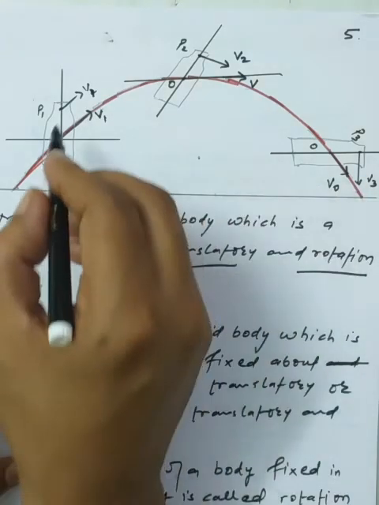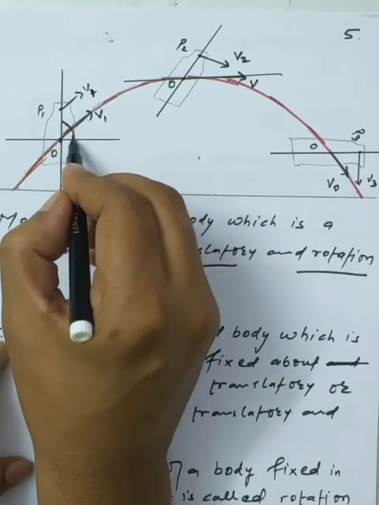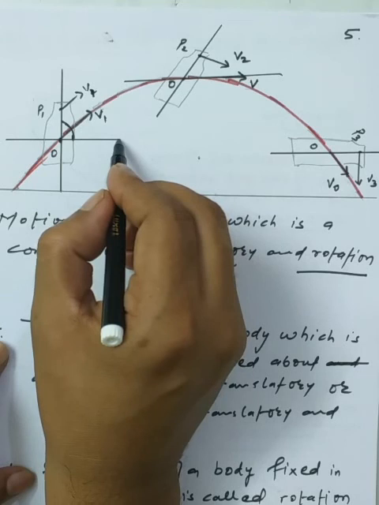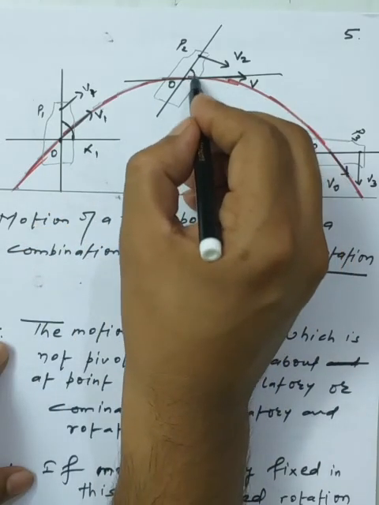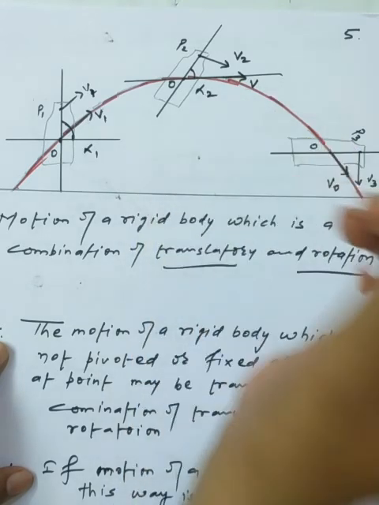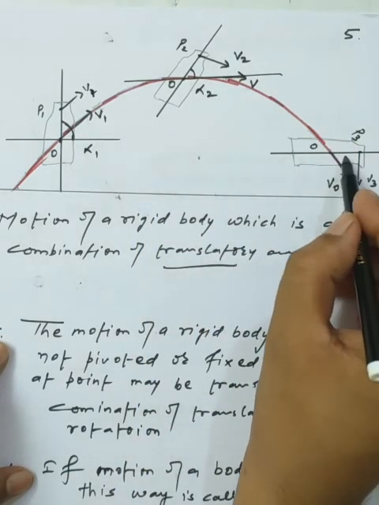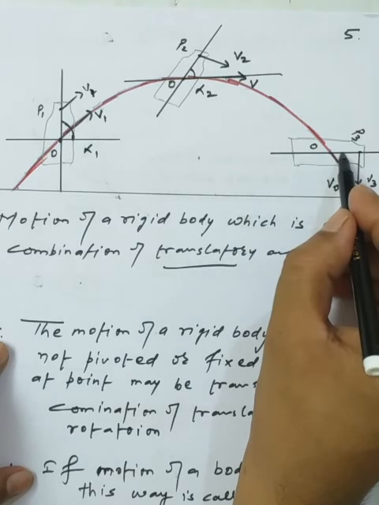Now here we can assume the axis of the rigid body makes an angle with the x-axis, called alpha 1. Here we also assume alpha 2, and an angle alpha 3.